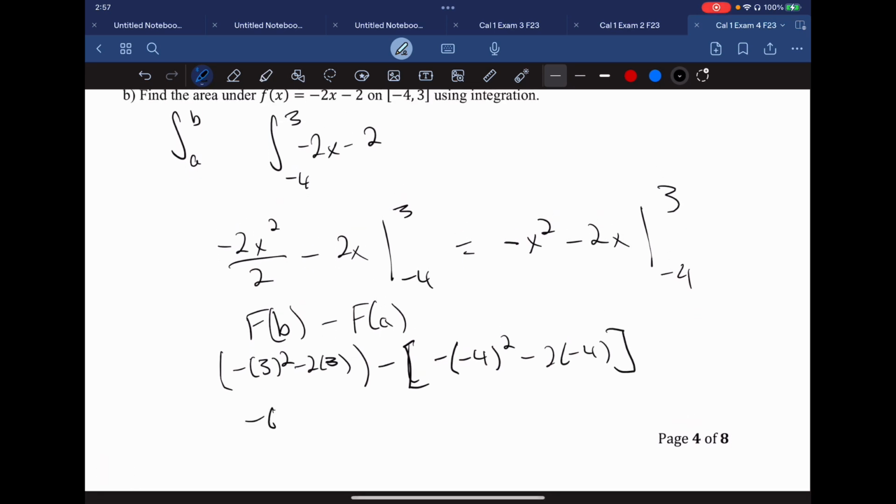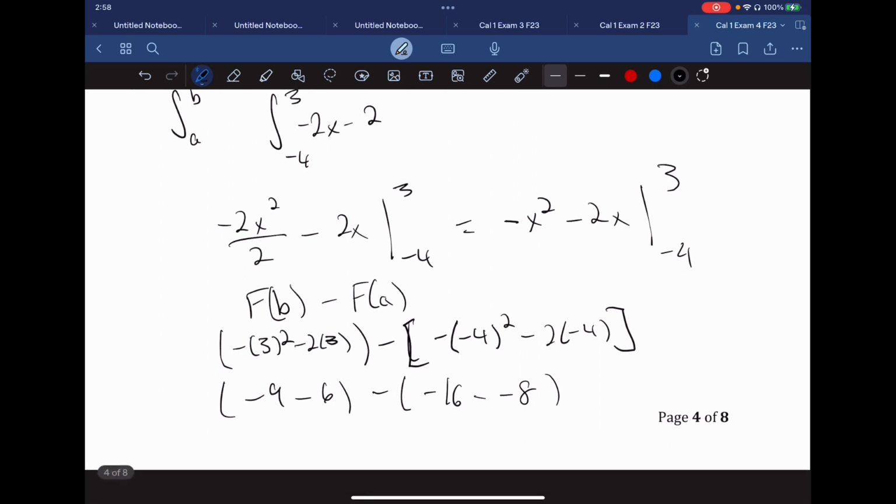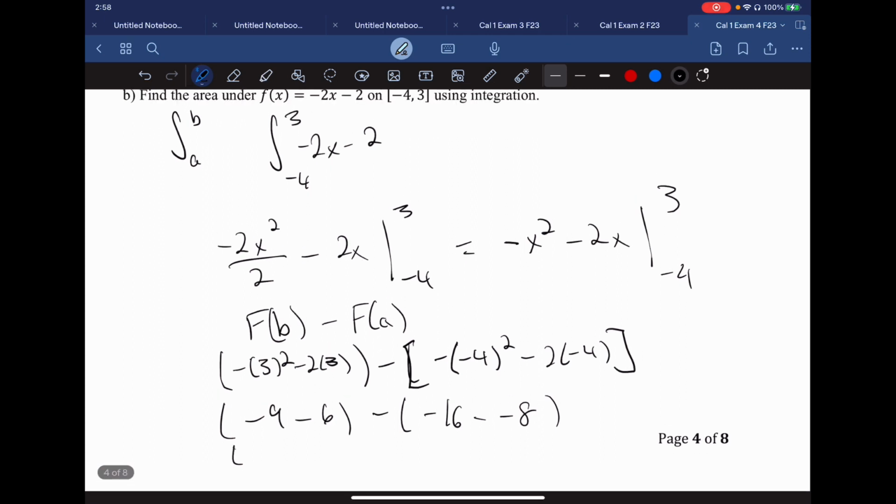So this is going to be negative 9 minus 6 minus, so this is going to be negative 16, but then it goes positive again. Negative 16 minus negative 8. All right, and so let's keep going.